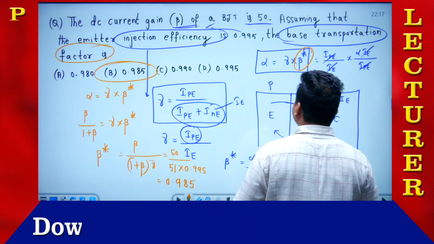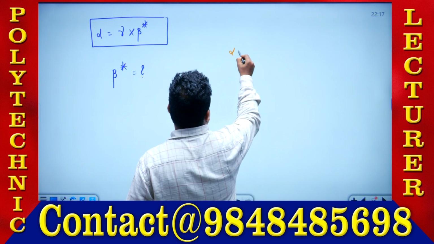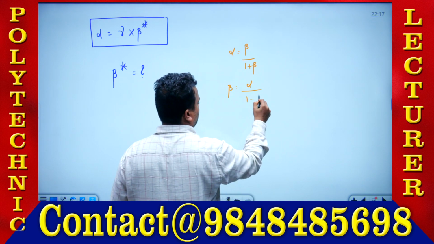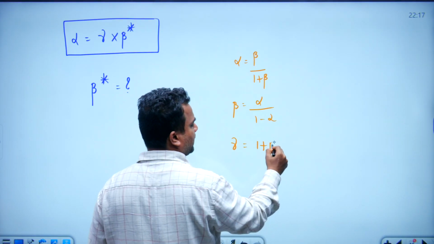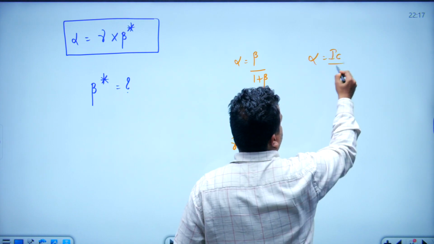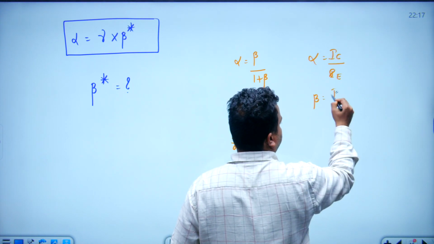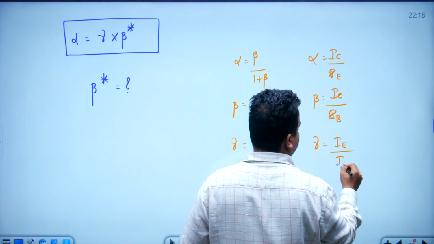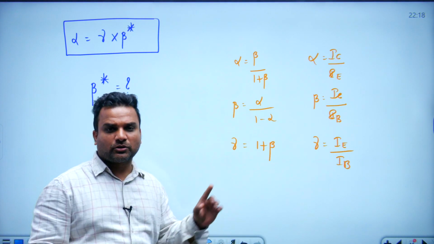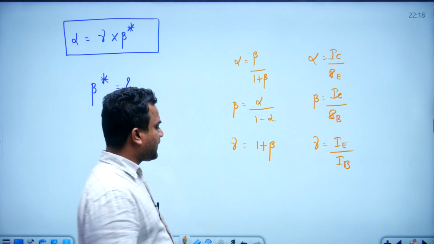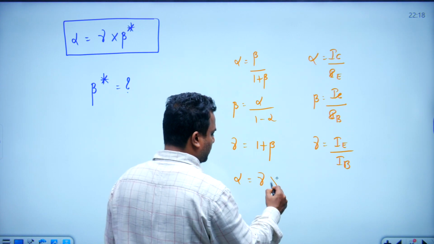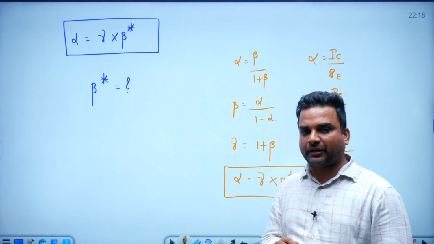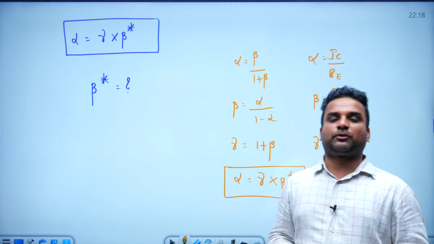So in addition to the formulas alpha is equal to beta by 1 plus beta, beta is equal to alpha by 1 minus alpha, gamma is equal to 1 plus beta, alpha is equal to IC by IE, beta is equal to IC by IB, gamma is equal to IE by IB, you must remember one more formula, alpha is equal to gamma into beta star, where gamma is emitter injection efficiency, alpha is the current gain of common base configuration, and beta star is base transportation factor.